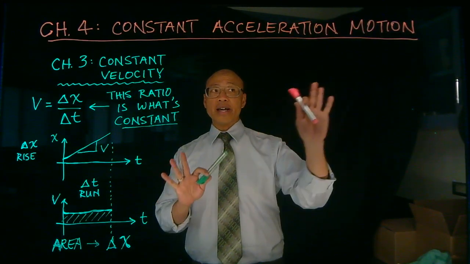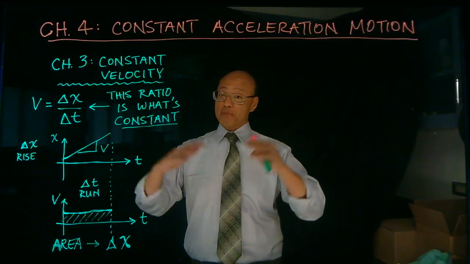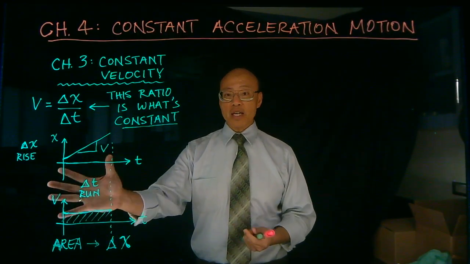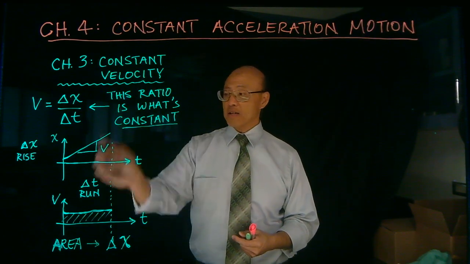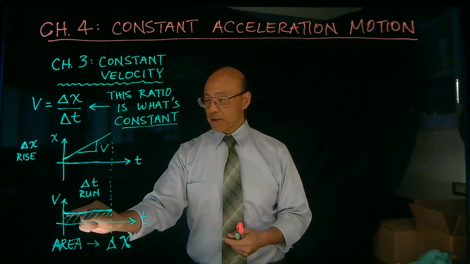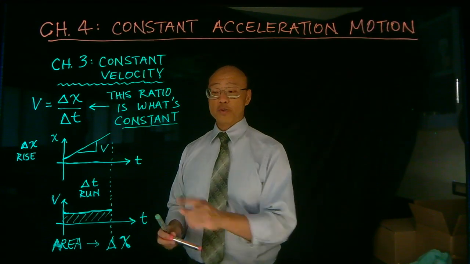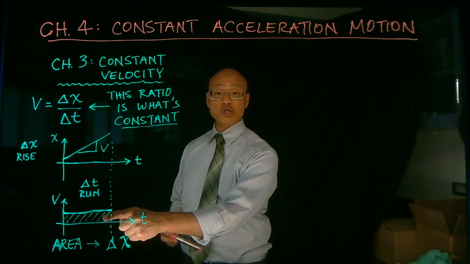And one way to get into Chapter 4, remember I said it's an expansion of the motion. So what's the key constraint here? Constant velocity, right? So for some delta t, my velocity is constant. So the first expansion we're going to do is break that constraint.